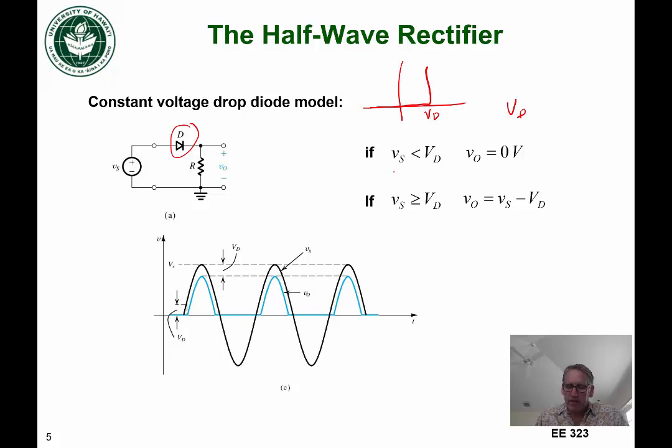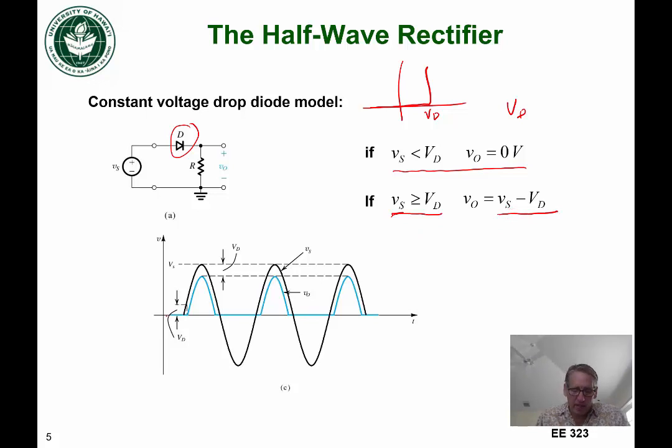And so if Vs is less than VD, we're reverse biased in that case, and the output is 0 volts. But if Vs, the source voltage, gets to be greater than VD, then we have an output voltage, which is the source voltage minus the diode voltage drop.